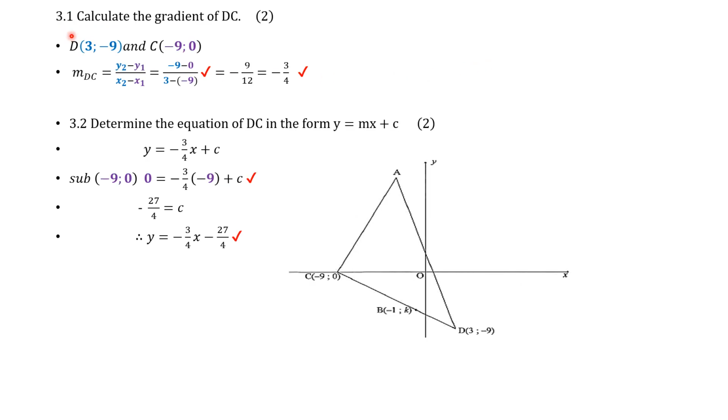Right, so for 3.1, calculate the gradient of DC. So we know D is 3 and -9, and C is -9 and 0. Right, I've color-coded it to make sure we select from the right side. So the gradient DC is y2 minus y1 over x2 minus x1. So you see y2 and x2, I've ensured they stay blue, and y1 and x1 stay purple.